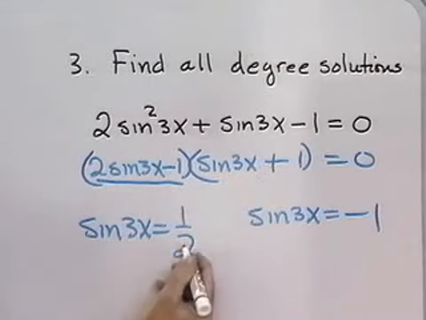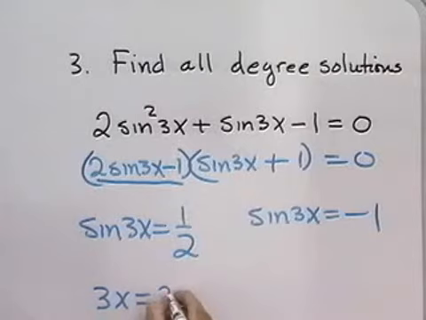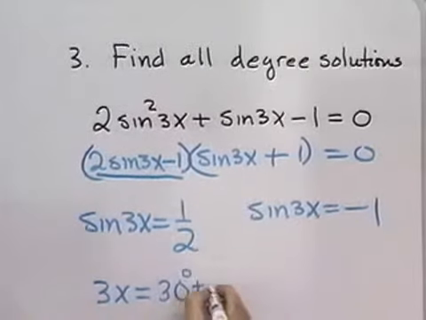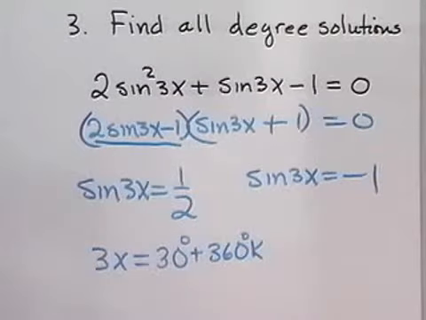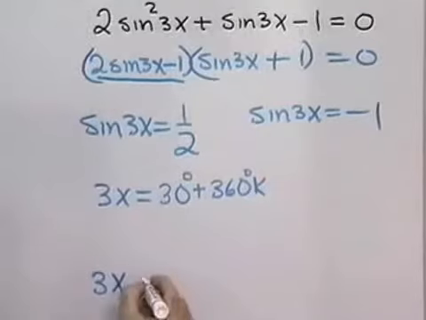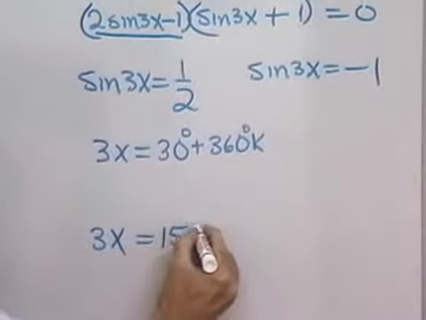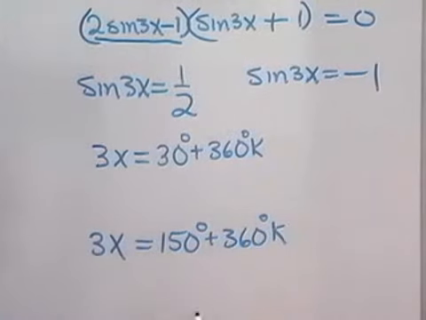So here, sine 3x is equal to 1/2. We did that problem previously, and we get 3x is equal to 30 degrees plus 360 degrees times k, and we get 3x is equal to 150 degrees plus 360 degrees times k.